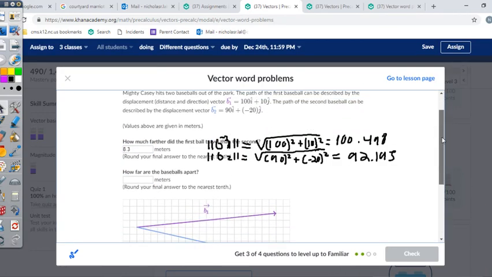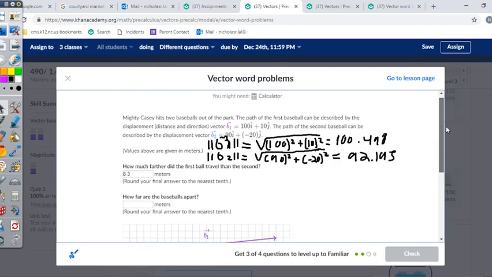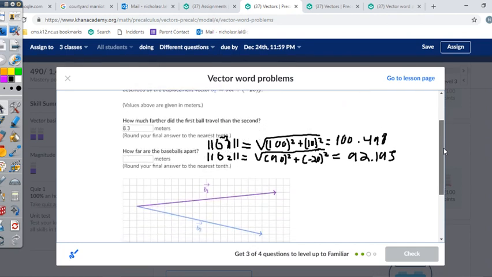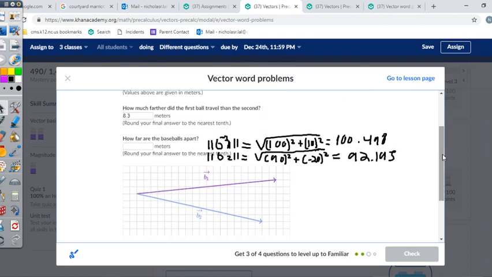All right. And how far apart are the baseballs? Okay. So now you need to find the distance between these 2 points.